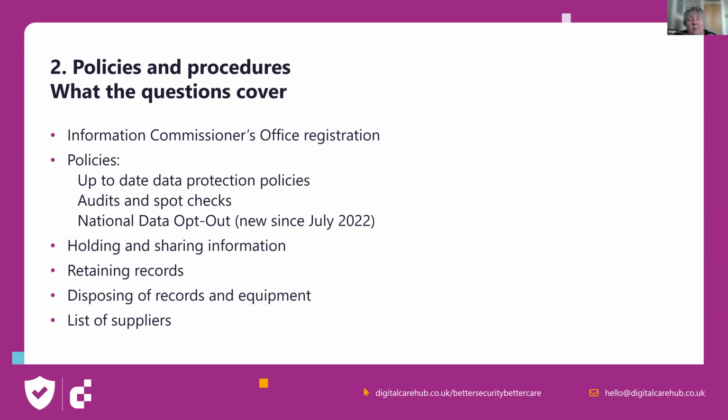You should have a list of them and the contracts with them and their certificates of cybersecurity, because we found that being part of a supply chain leaves you more open to cyber breaches. So you would need to make sure that they are covered with their cybersecurity certification too. Okay, and the next slide.